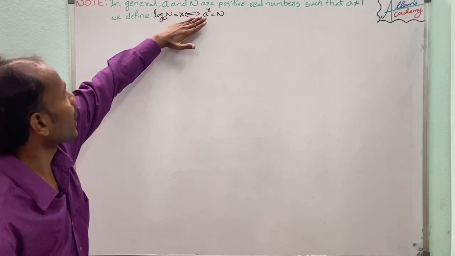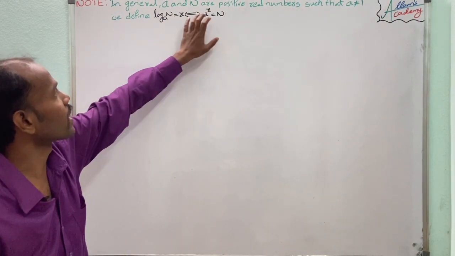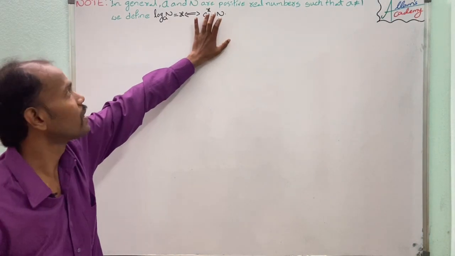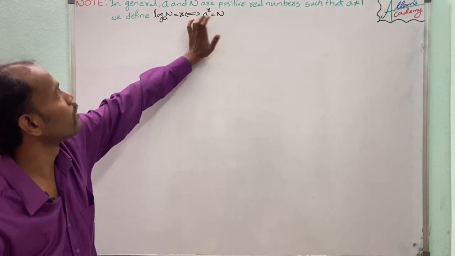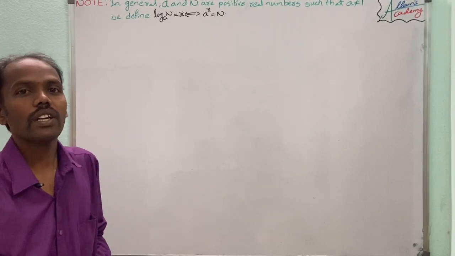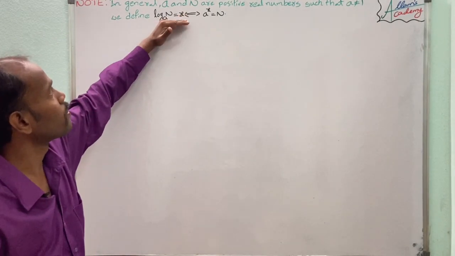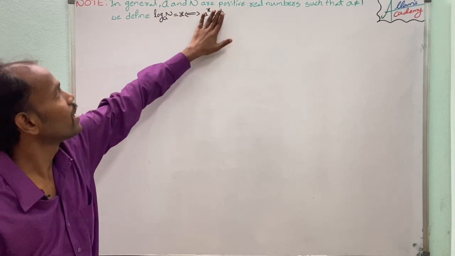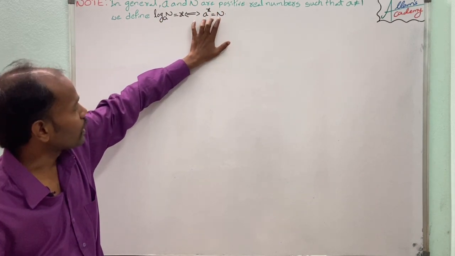So logarithmic form will be written as exponential form, and otherwise, exponential form will be written in logarithmic form. Now we see, if a number is given in exponential form, writing it means writing it in logarithmic form, and if logarithmic form is given, writing it means writing in exponential form.